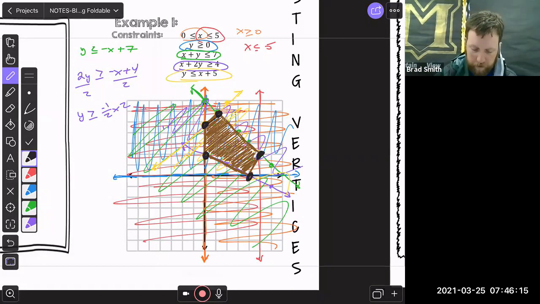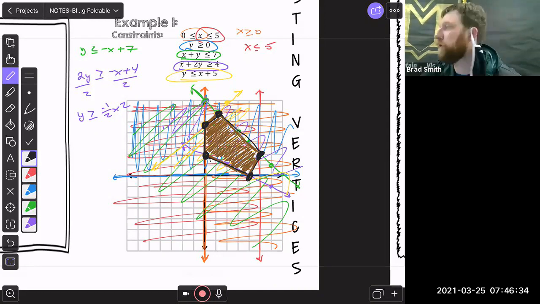So anything inside of this brown polygon will work in all of my equations. And if you can understand that polygon and know how to get that one, you will be set. Kind of building it up today. We'll do all the background today, so that way tomorrow we can actually solve them.